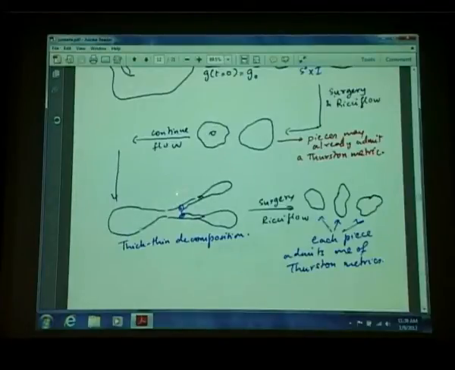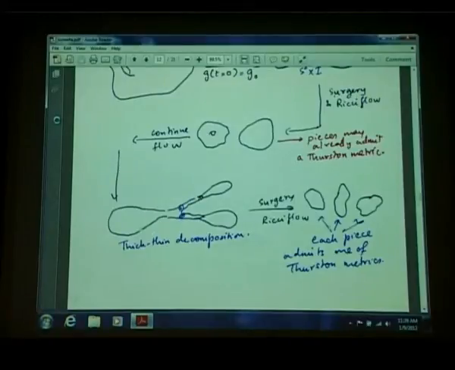It is known exactly what the thin pieces look like and what the thick pieces look like. Then you can do surgery and remove the thin pieces, which are already known to admit one of those special metrics, and on the other pieces you continue Ricci flow and find that they admit one of the Thurston metrics.